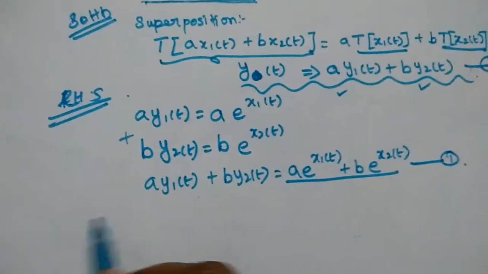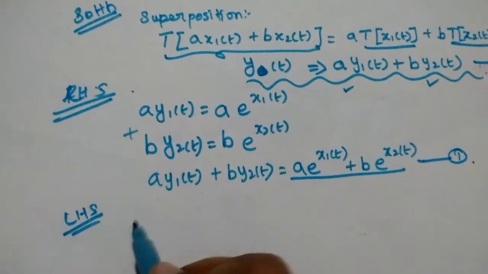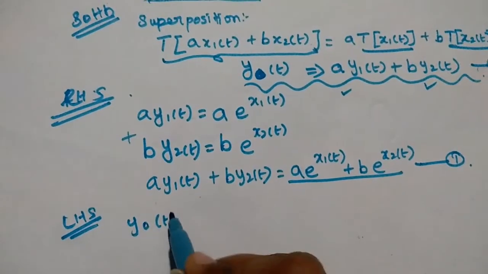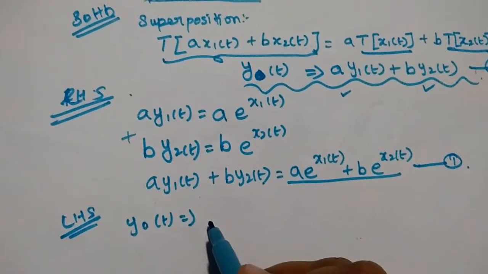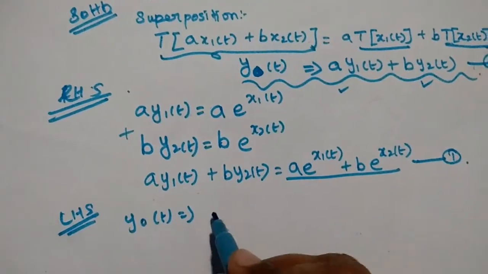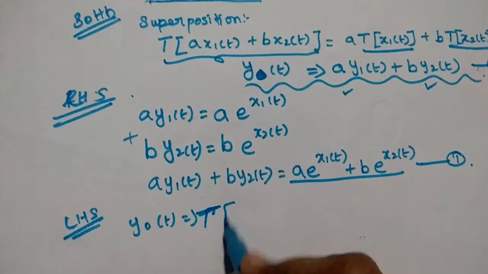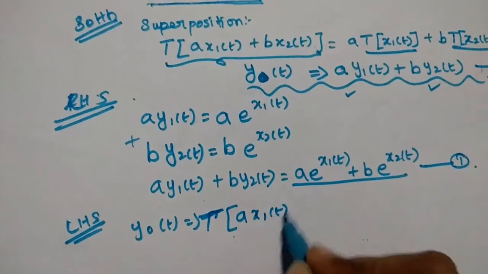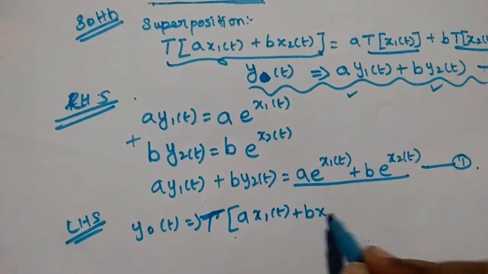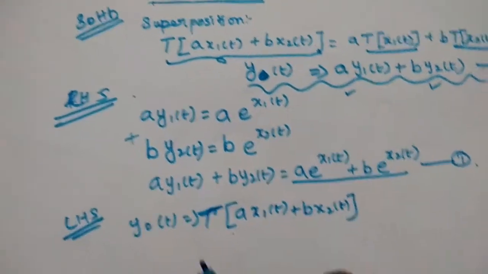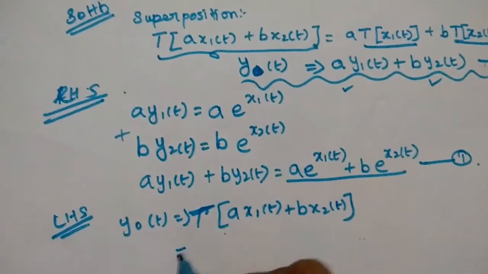Now come to this part. What is that? y naught of t. Take the left hand side. That is y naught of t is nothing but the response of a x1 of t plus b x2 of t. Correct? How are we going to write this?